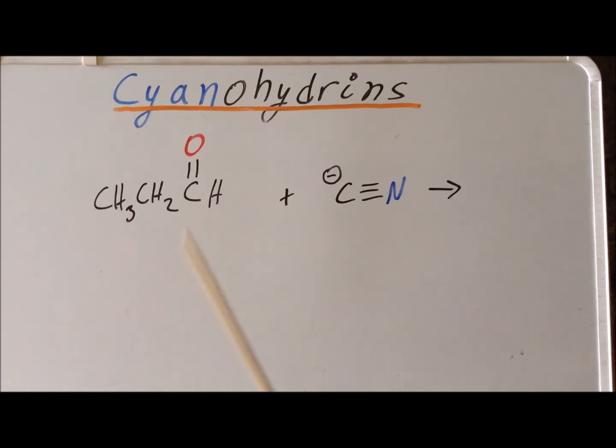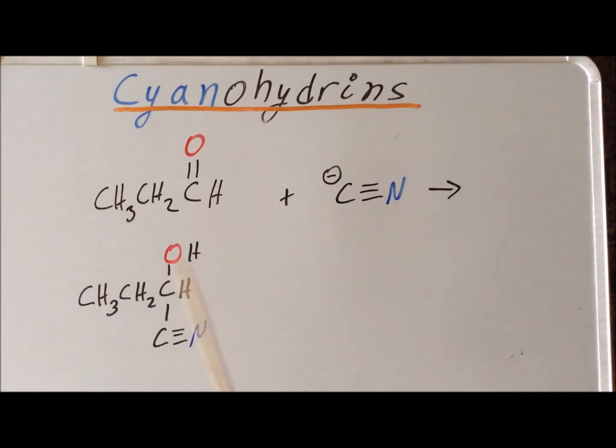Next, we react propionaldehyde with cyanide ion in an acidic environment to generate a cyanohydrin. Our product is going to be 2-hydroxybutanenitrile. Next, we're going to hydrolyze this in either acid or base conditions with 1 mole of water first.